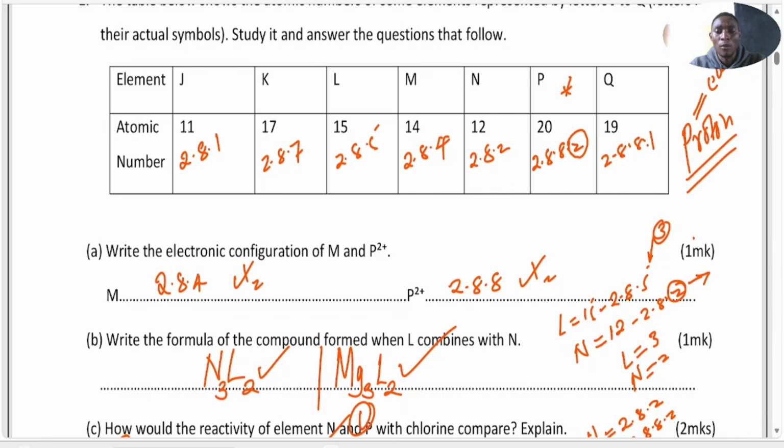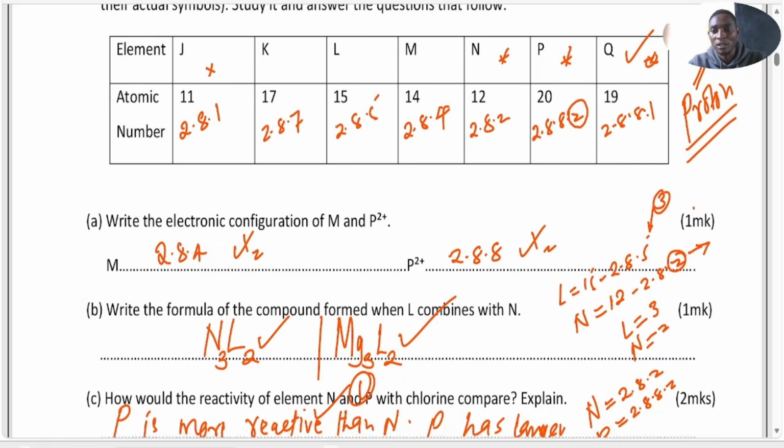So they are more electropositive. Comparing the metals that I have, the one that has high chances of losing an electron is Q. Because when you look at the other metals that we have, sodium, that is J, and also compare it with P and Q, you realize that Q has a high chance of losing electrons. So it becomes the most electropositive.